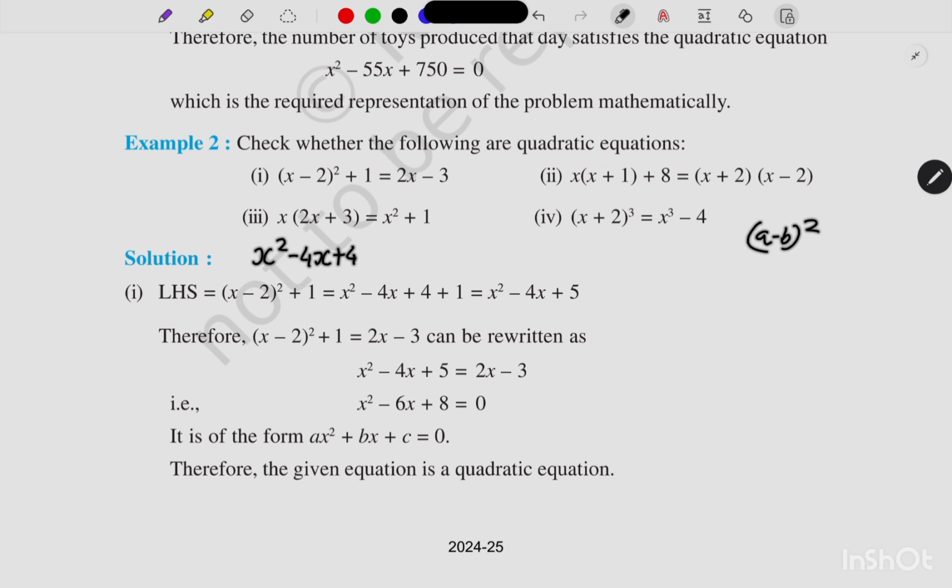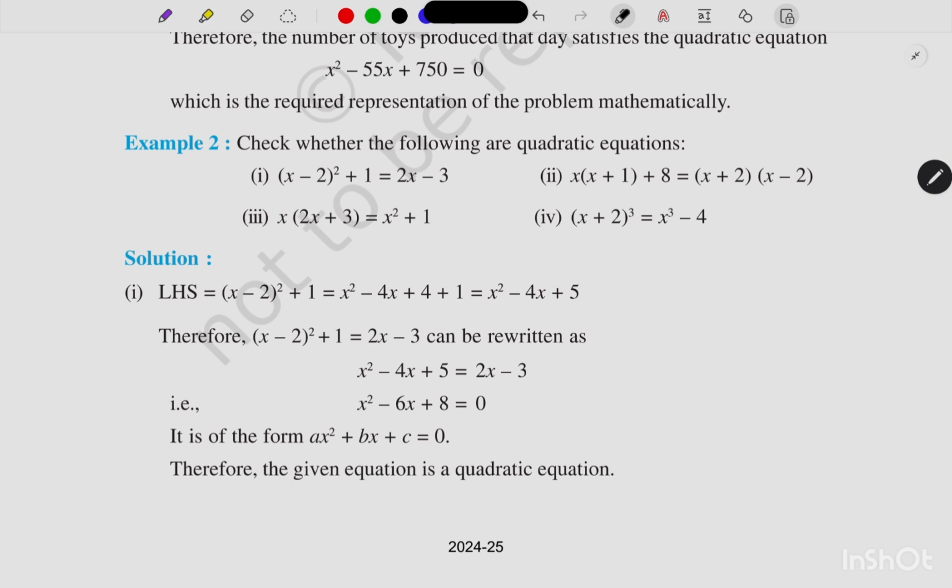Such questions will come, I can assure you that. And this is 2x minus 3. Just simplify. x square minus 6x, and now this is 5 and 3 comes to the other side to be plus 3. This will be 8 and this is 0. Format of a quadratic equation.